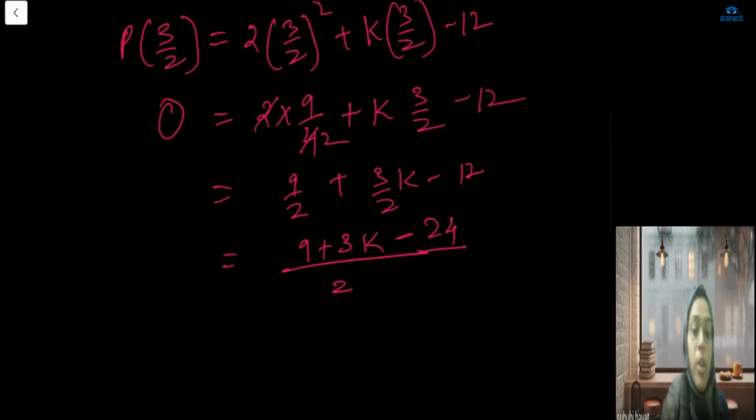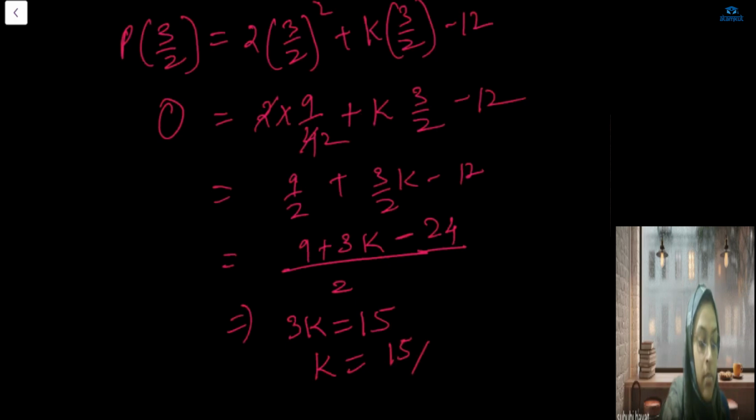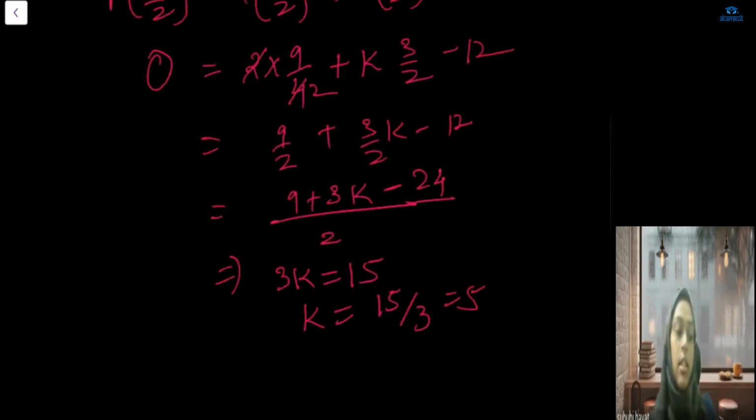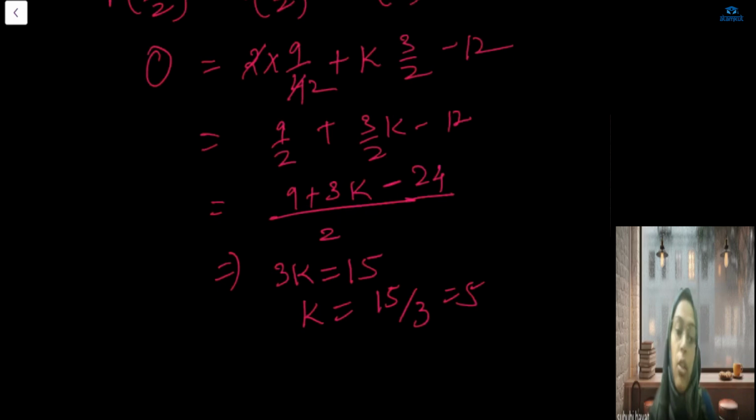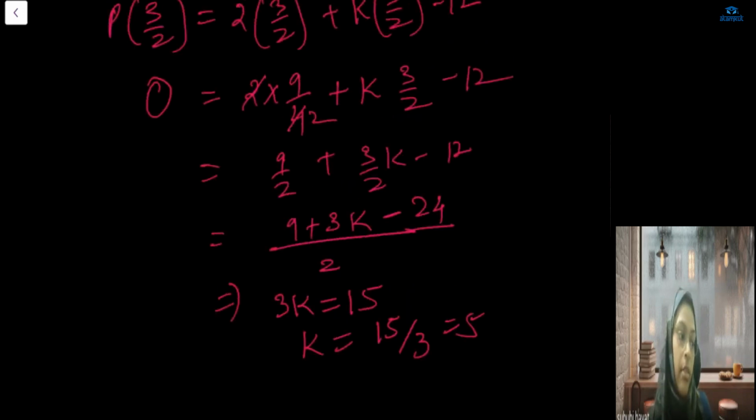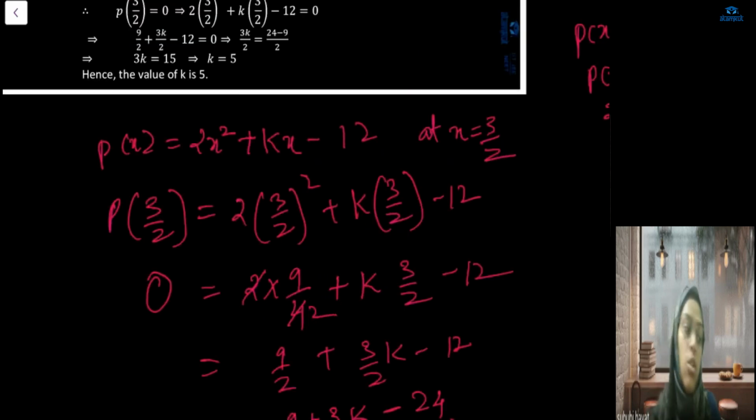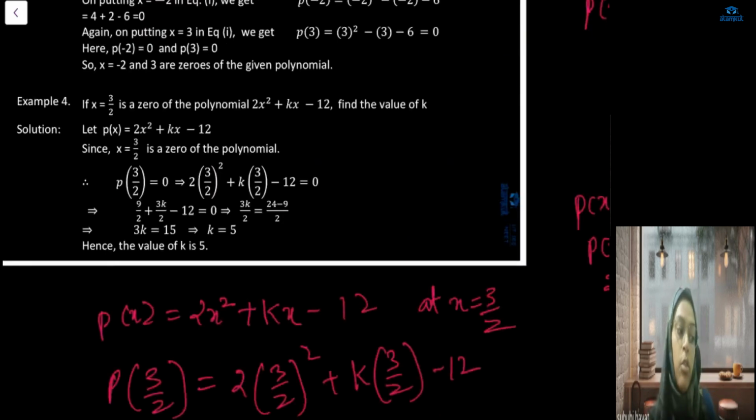What value will you be getting after solving this? You will be getting 3k is equal to 15, so you'll get the value of k as 5. So if 3 by 2 is the zero of the given polynomial 2x square plus kx minus 12, then the value of k will be 5.